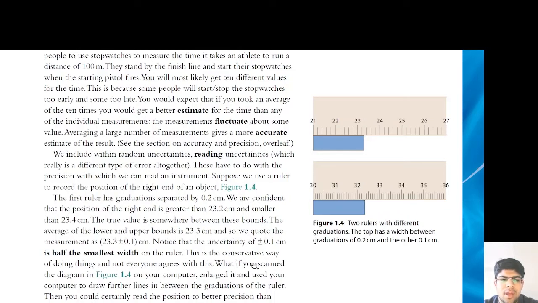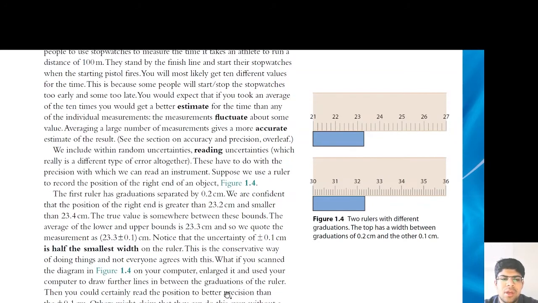What if you scan the diagram in figure 1.4 on your computer? If we scan this diagram, enlarge it and use the computer to draw further lines in between the graduations, then there would be so much distance between them.